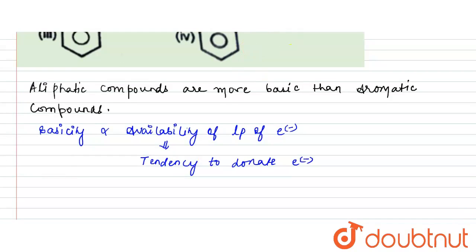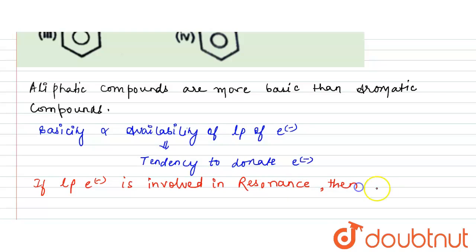So you can say that if the lone pair of electrons is involved in resonance, then the availability of electrons decreases, right?